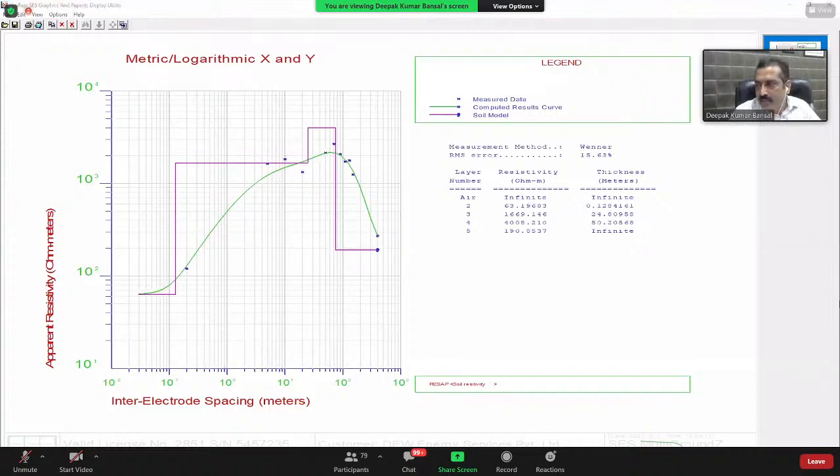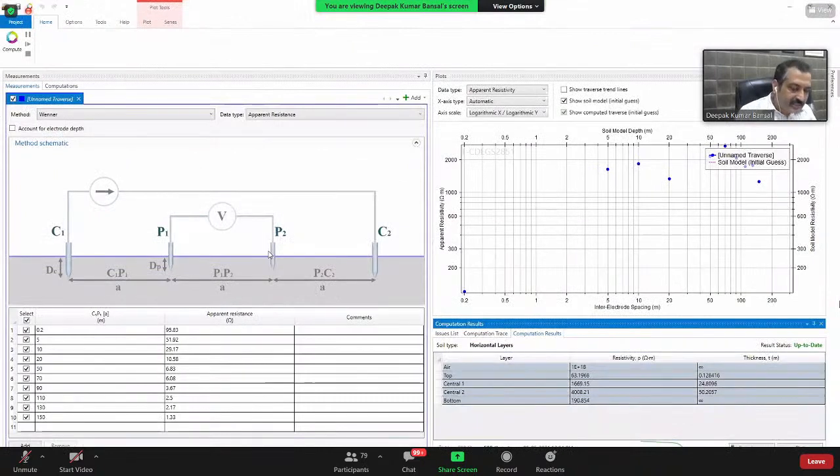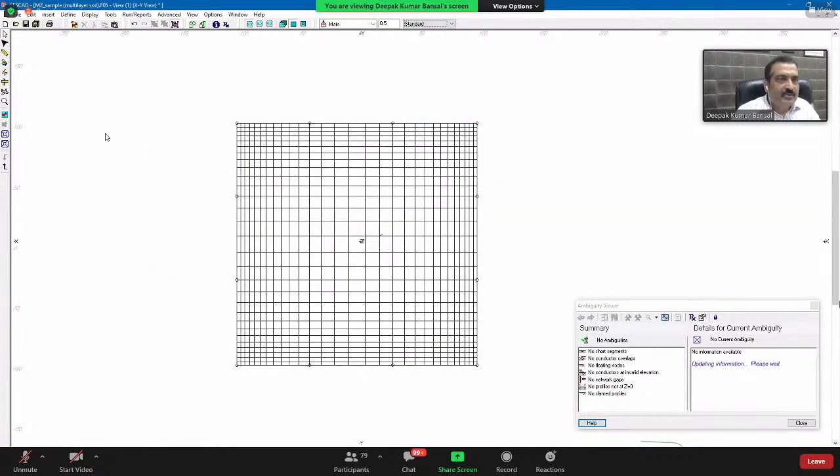Why? Because if I use more layers, then the iteration will take a lot of time. Sometimes it takes 3 hours to 8 hours also. So to reduce time, I have used a 2 layer model only, because it is a demo only. I don't want our total time to go in iteration only and we don't see anything.